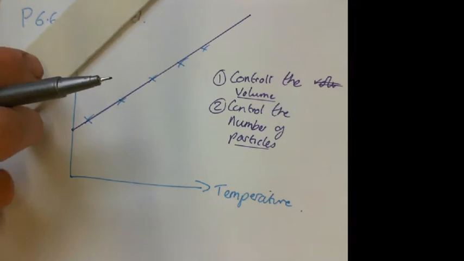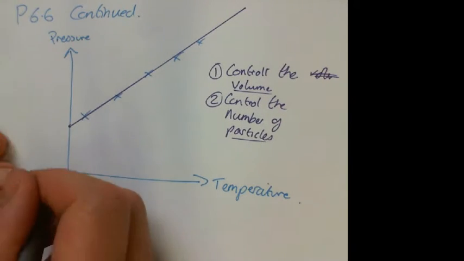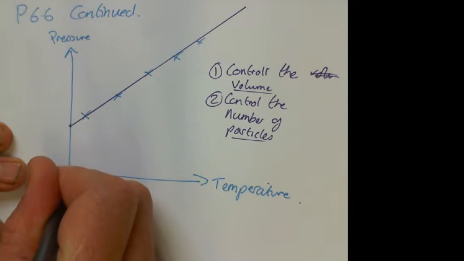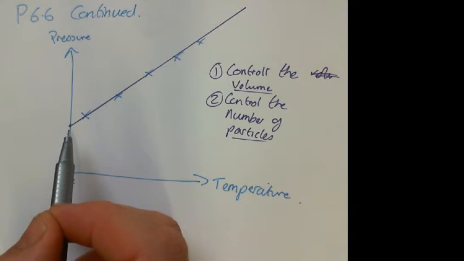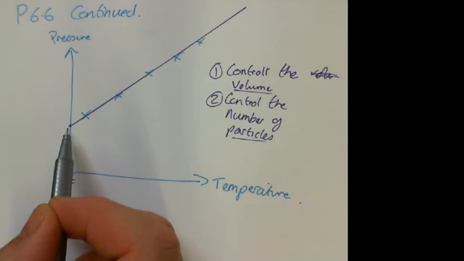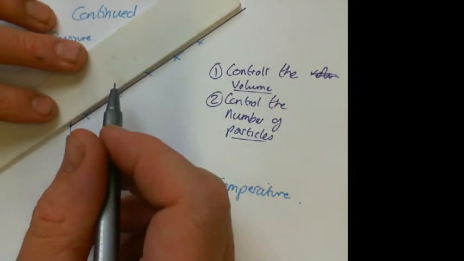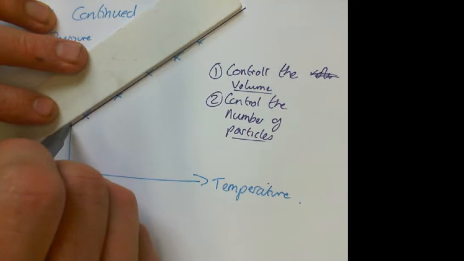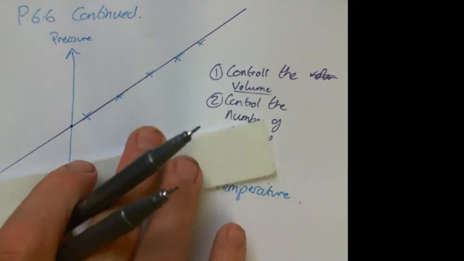Okay, but even more interesting than this is this bit here is 0 degrees Celsius, but that's not at zero pressure. Okay, so what they said was, well, what happens if you keep decreasing the temperature until you get 0 pressure?